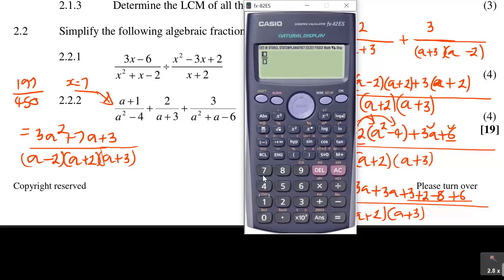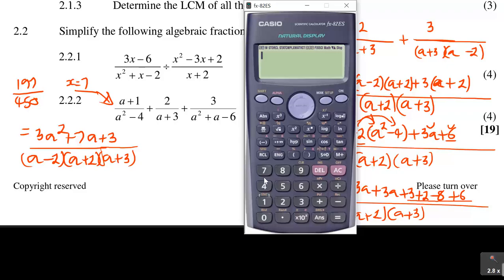Here a 7, so a 7 plus 1 over 7 squared minus 4 plus 2 over 7 plus 3, just going a bit slower now, plus 3 over 7 squared plus 7 minus 6. It gives me 197 over 450 now, which is fine.